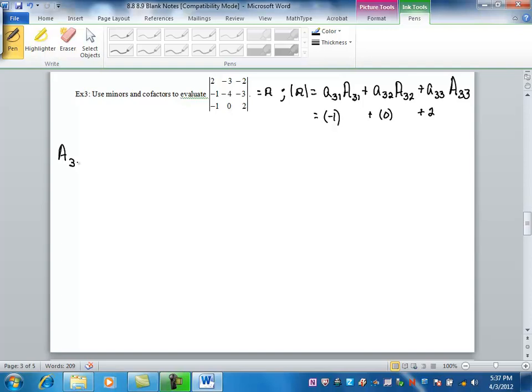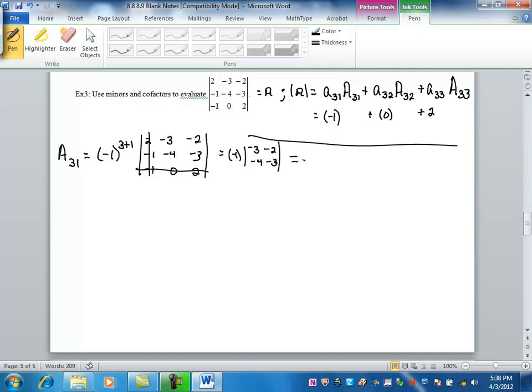The cofactor for row 3, column 1, which is negative 1 to the 3 plus 1, times, now let's look at my matrix: 2, negative 3, negative 2, negative 1, negative 4, negative 3, negative 1, 0, 2. Now what I'm going to do is knock out row 3, column 1. So this is negative 1 times the determinant of negative 3, negative 2, negative 4, negative 3.